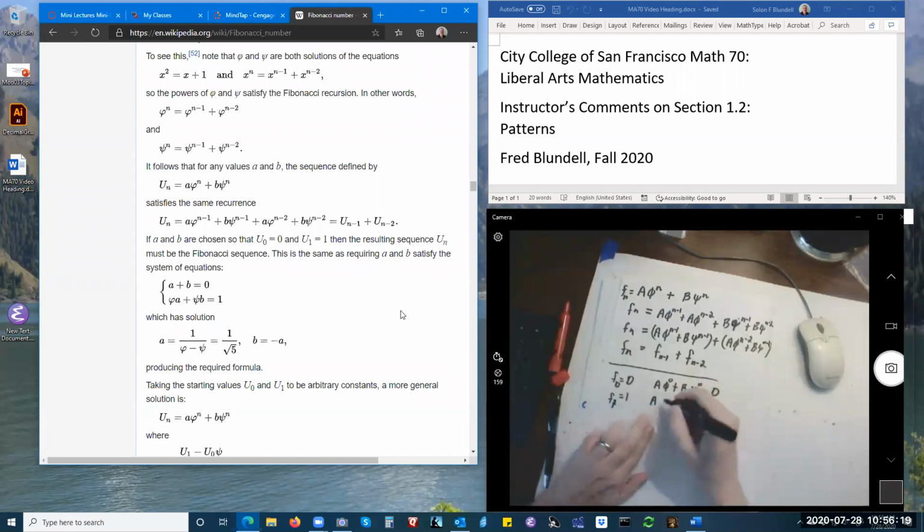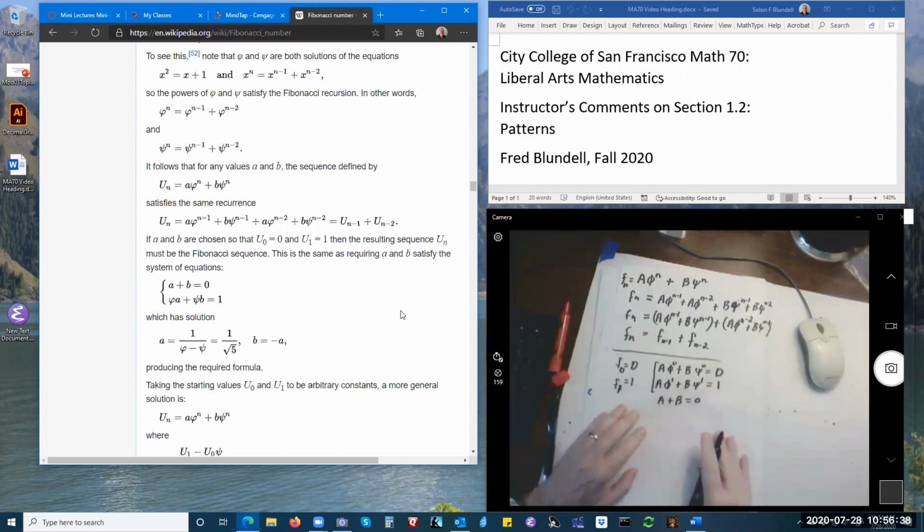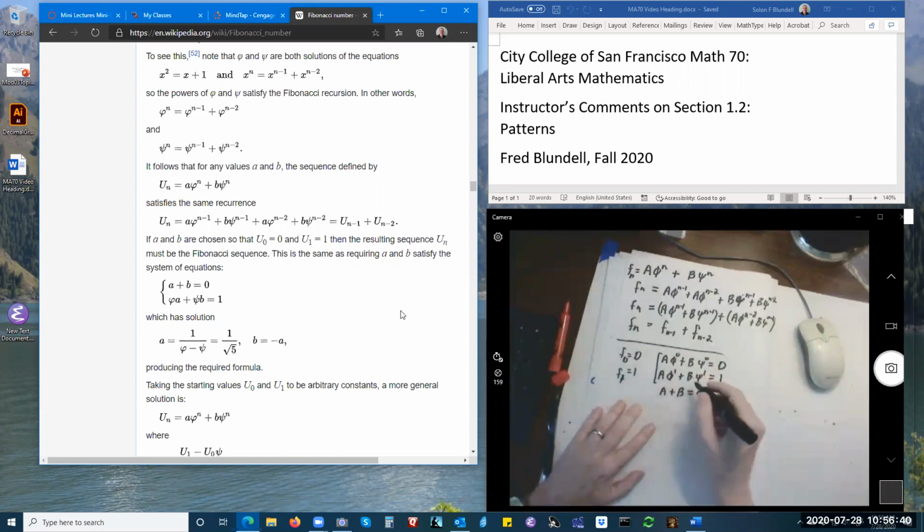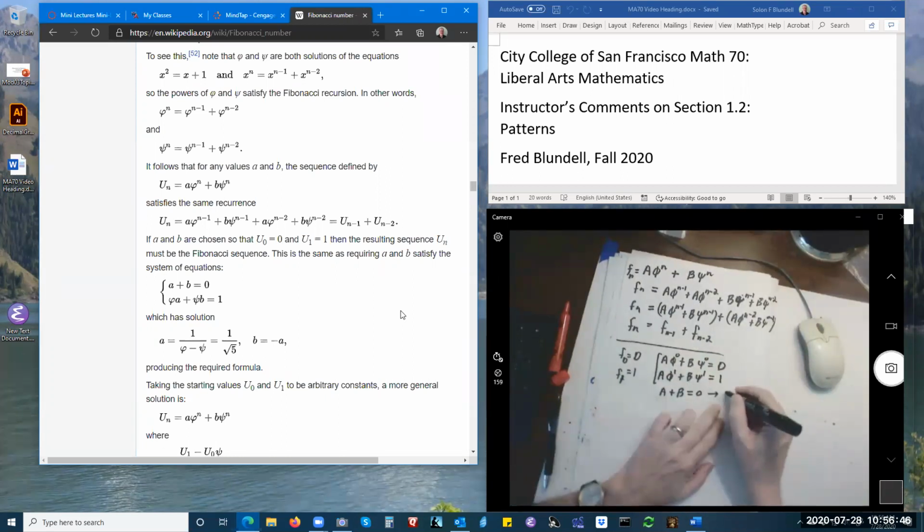And A phi to the 1 plus B psi to the 1 equals 1. Now anything to the 0th power is just 1. So we have A plus B equals 0. So A is minus B. So B is minus A.